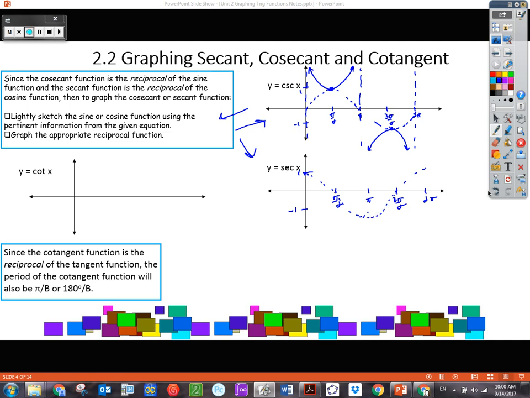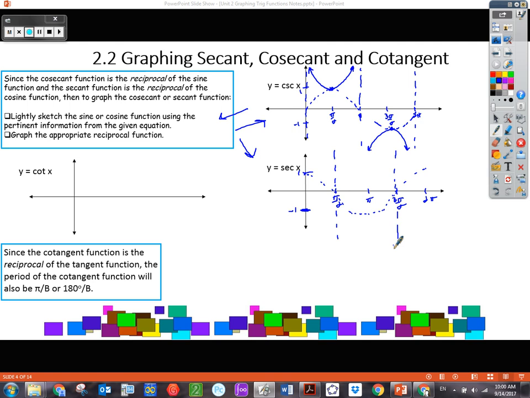All right, so we're going to do the same thing. Now when cosine is 0, at pi over 2, we know that its reciprocal, secant, is going to be undefined, right? Because when 0 is flipped upside down, that's undefined. So I'm going to have an asymptote here and here.